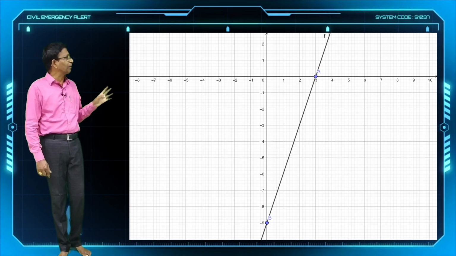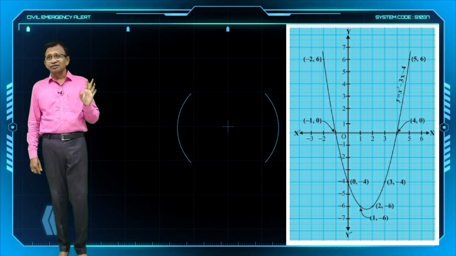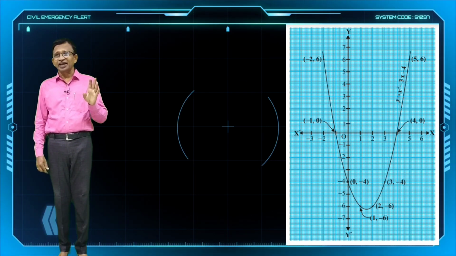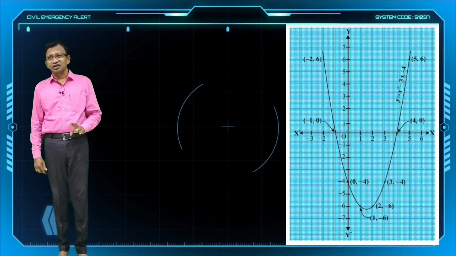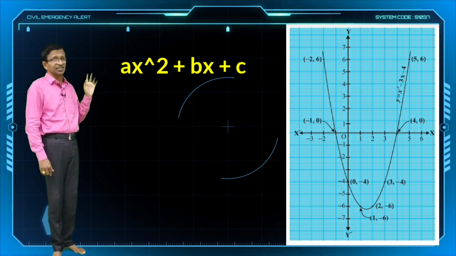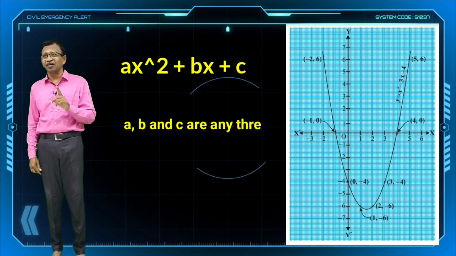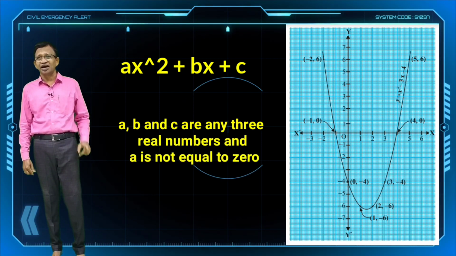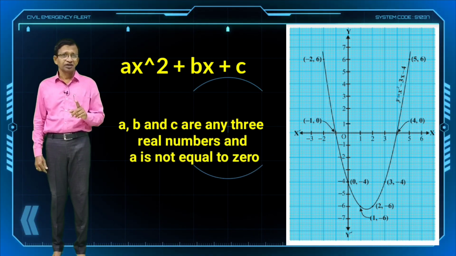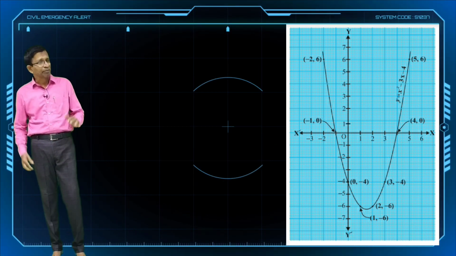If the degree of the polynomial is 2, then it is said to be a quadratic polynomial. Its general form is ax square plus bx plus c, where a, b and c are any three real numbers and a is not equal to 0. It represents a parabola.